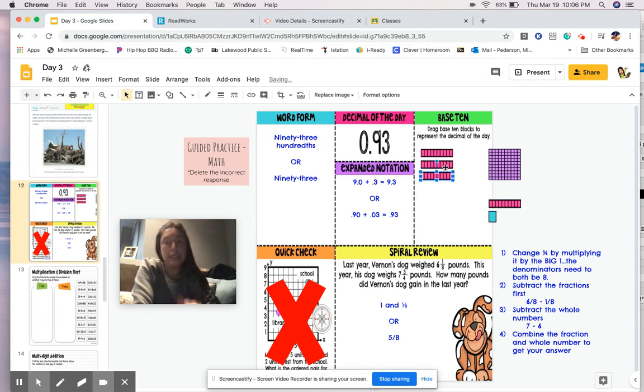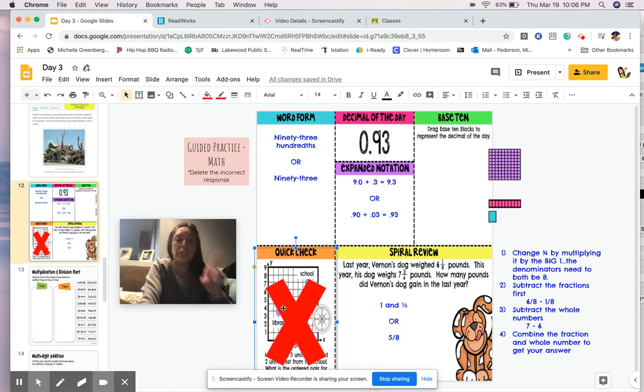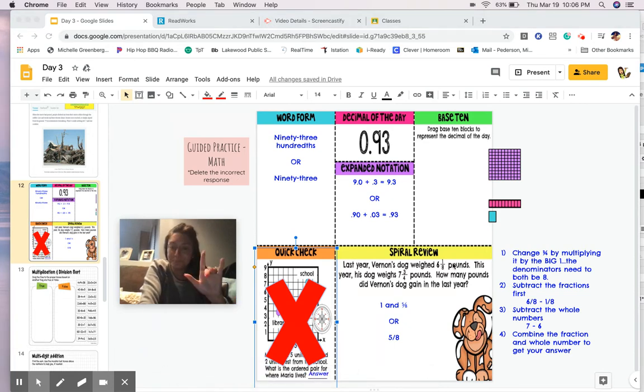You need 9 tenths, and then you need 3 hundredths. You guys know what to do: our wholes, our tenths, our hundredths. So please, I'm checking. I was a little disappointed when I saw that. The quick check is crossed off because we did not learn how to do that.